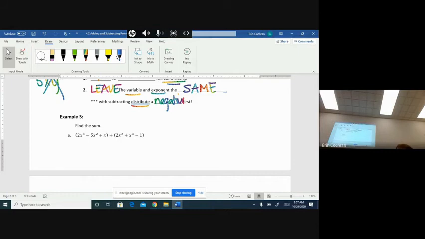Now, what are we doing with A? Are we adding or subtracting? We're adding, because there's a plus sign between the parentheses. Horizontally means we don't have to distribute anything, because it's going to be the same. So 2x cubed can be added with what? x cubed. Positive.